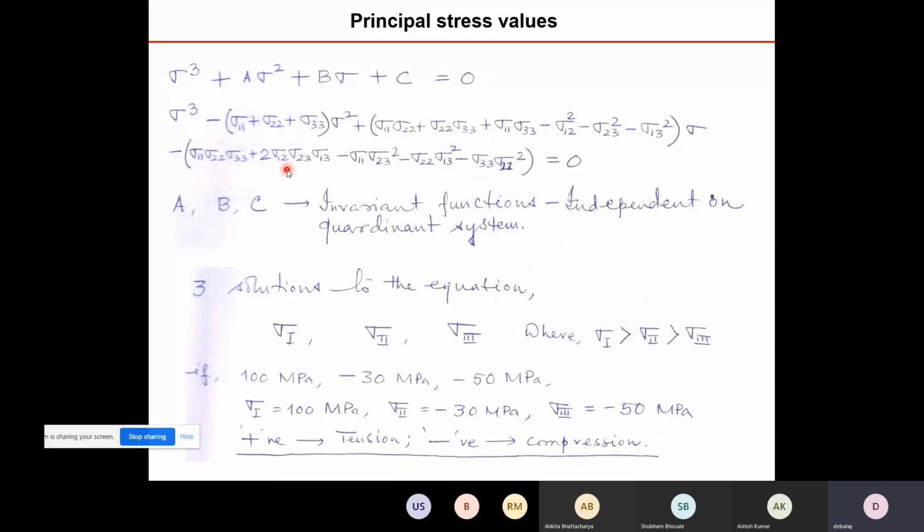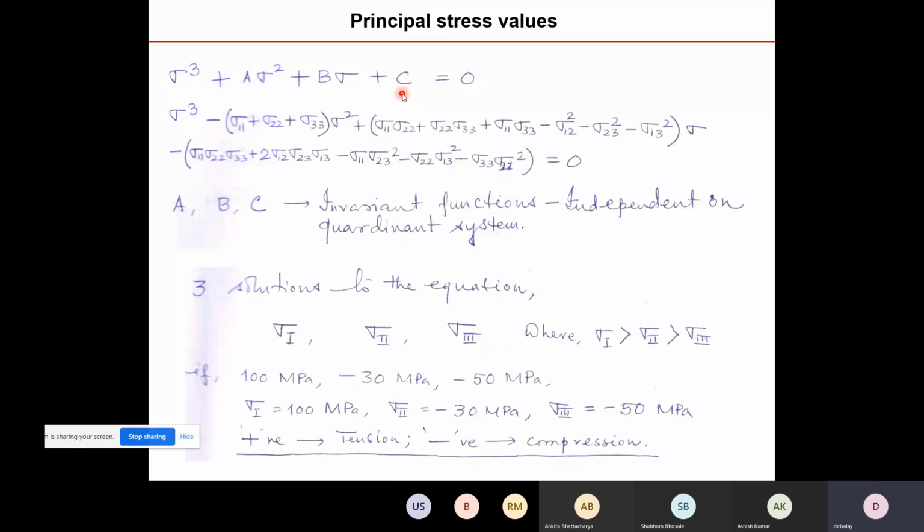This is C. And remember, these A, B, C are coefficients, and they are called invariants.